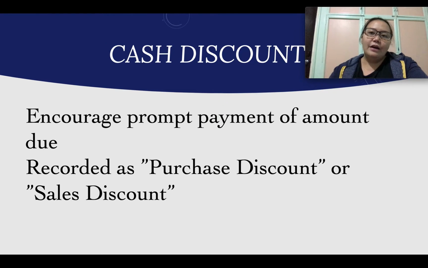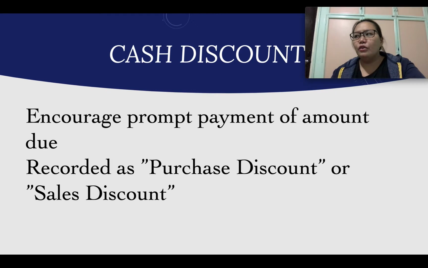Okay? Now, for the cash discounts, diba? We give cash discounts to encourage prompt payment of the amount due. So whenever we sell something on account, or whenever we purchase something on account, usually we have what we call the credit terms. So what are the credit terms? Of course, you have to give your customer a deadline. When are they required to make the payment?